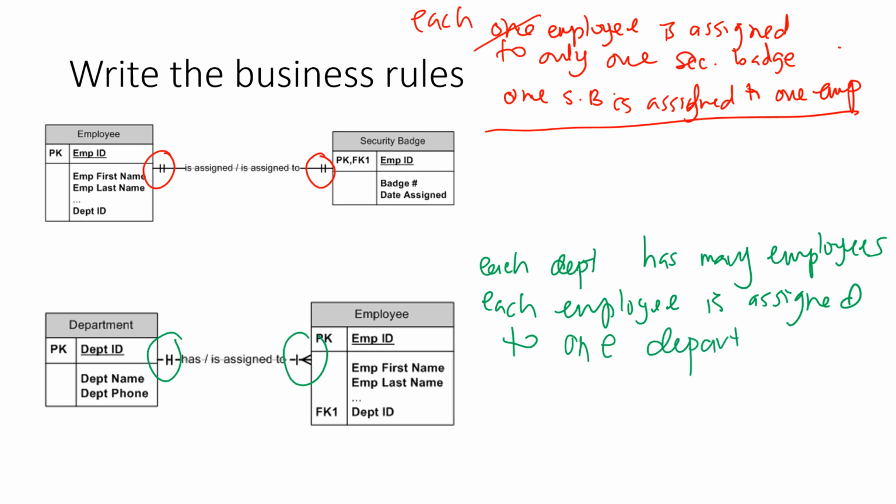Okay, so this is the business rule for the given ER. I hope you are clear with how to create or transform the business rule from the ER, or vice versa, creating an ER from the given business rule.